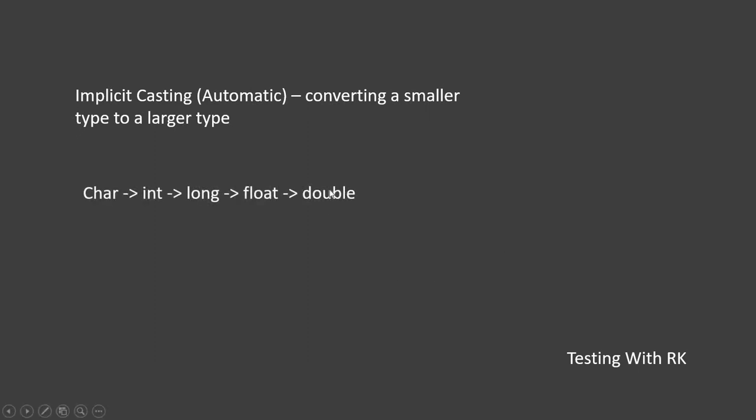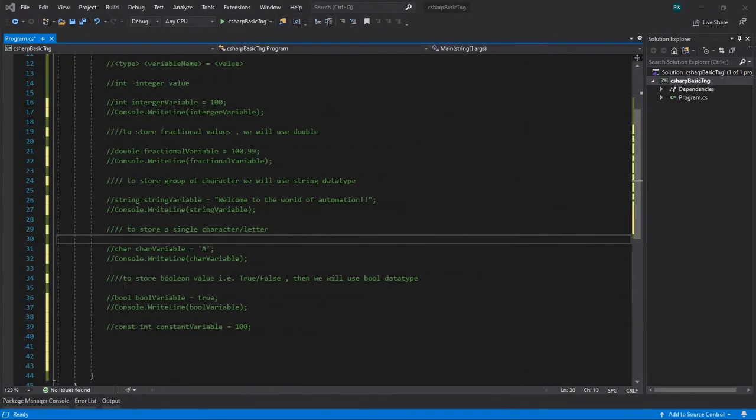Basically what it means is that if I have a variable which is of type double, and that variable is being passed a value of an integer, it will hold it. It will automatically convert it and hold it, and we will see through with an example.